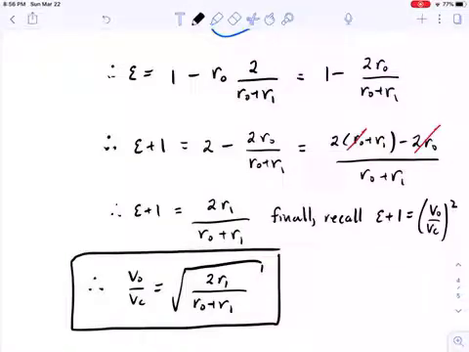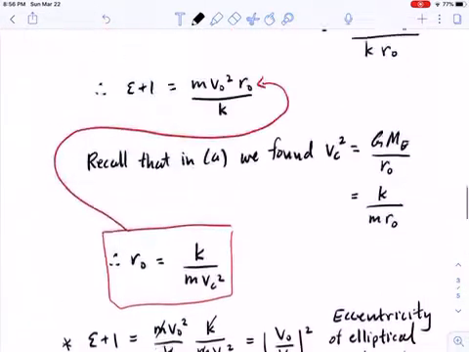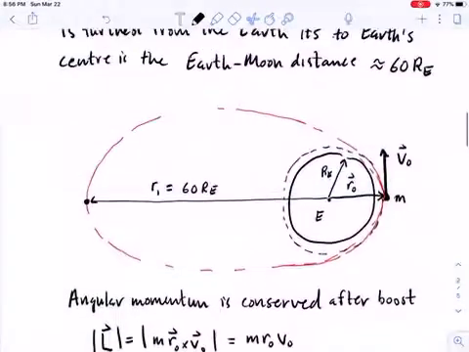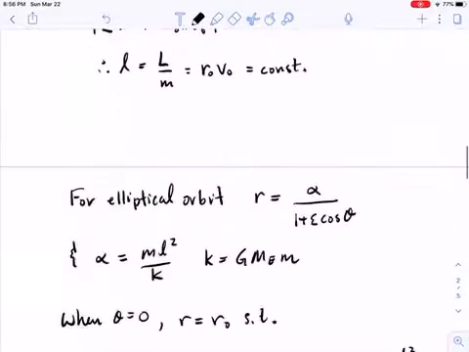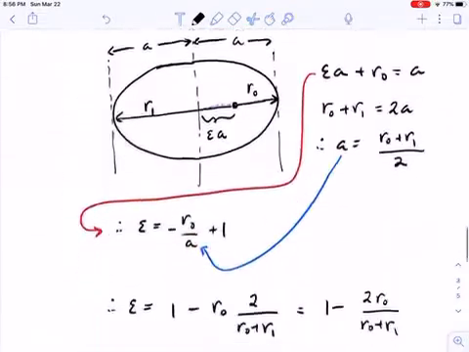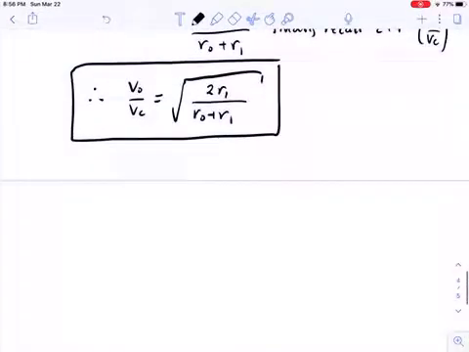If we wanted a specific value of r1, where let's say r1 was supposed to be equal to 60 times the Earth's radius, and r0 was 1 times the Earth's radius for a near-Earth orbit, then we could just put in some numbers.